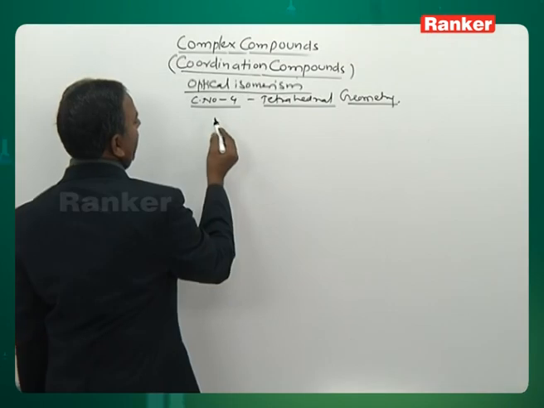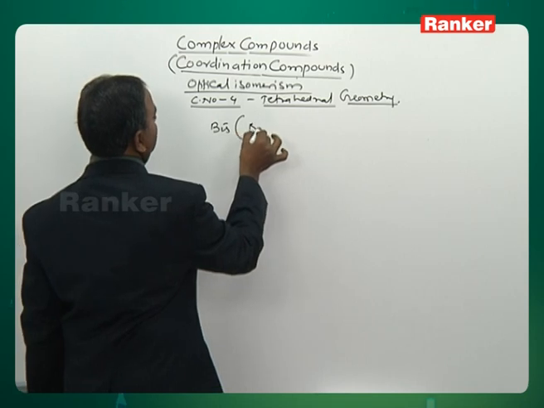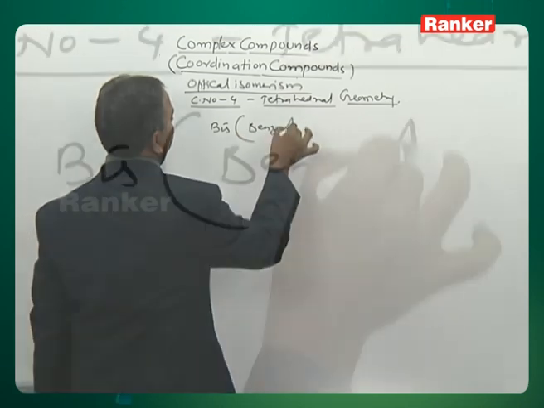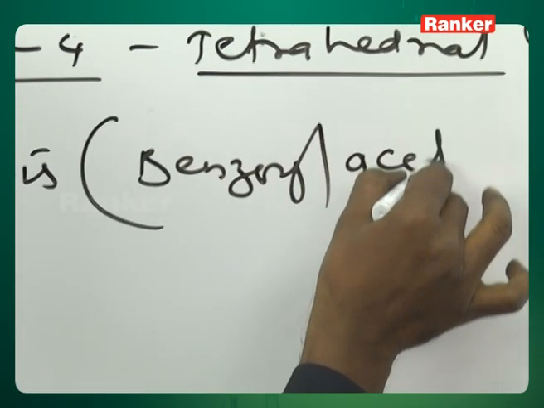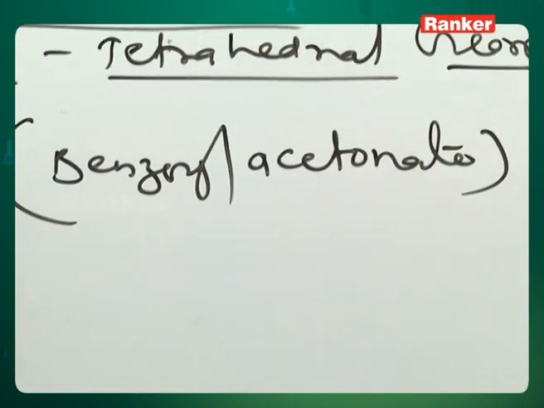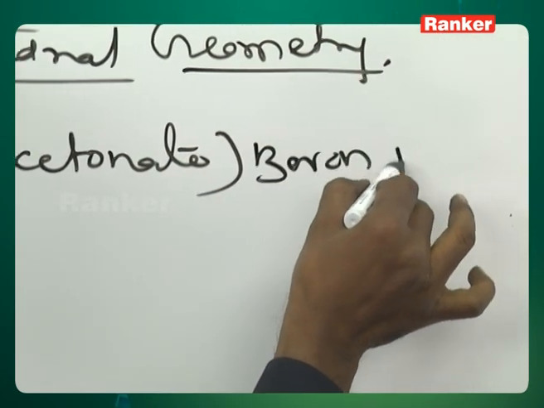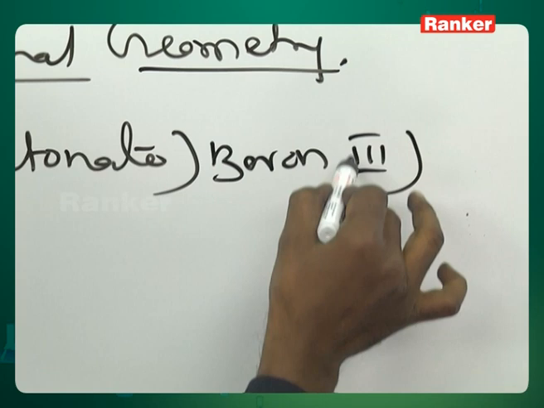Right. I'll write a complex, you see: bis(benzoylacetonato) boron 3 ion.